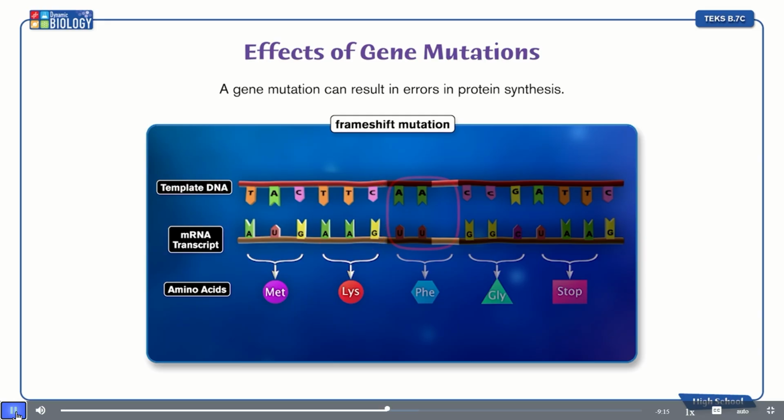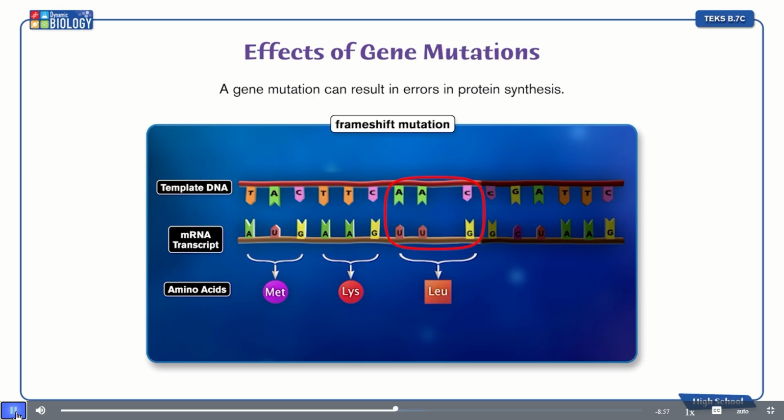The next triplet is the one with the deletion. Because a base is missing, the cell has no choice but to read this RNA triplet as UUG. UUG will code for the amino acid leucine instead of the phenylalanine that was intended.